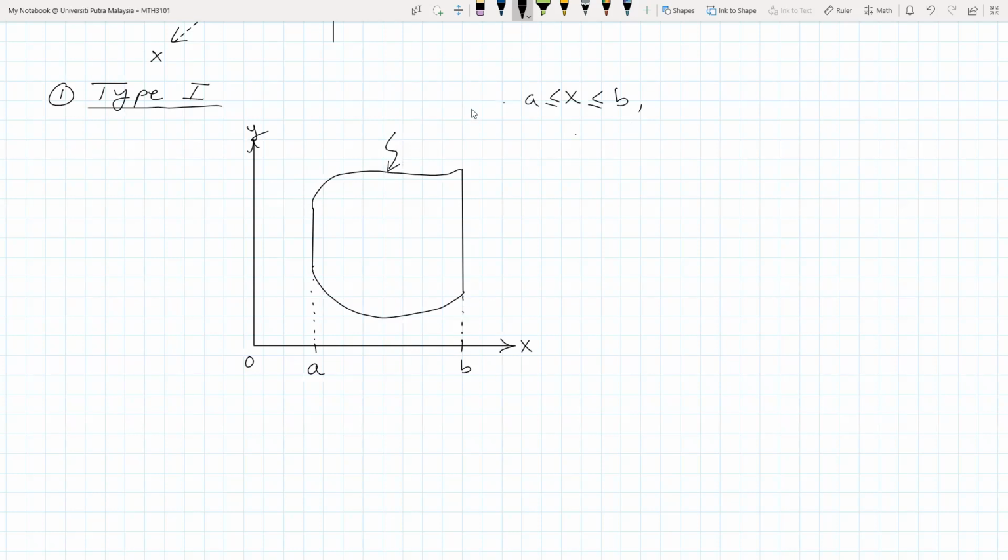Let's say this one is Y2, and this one is Y1.